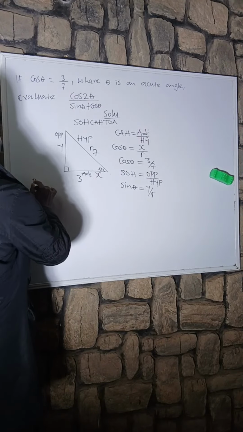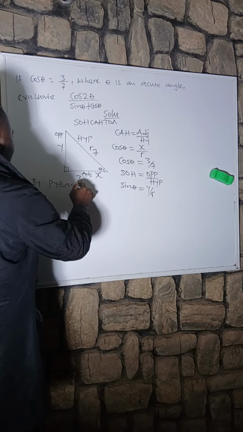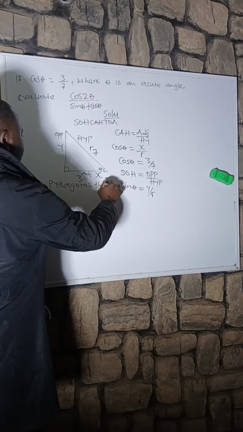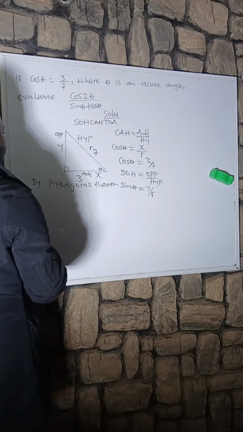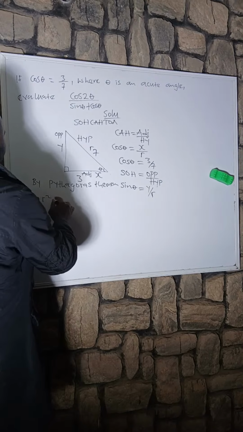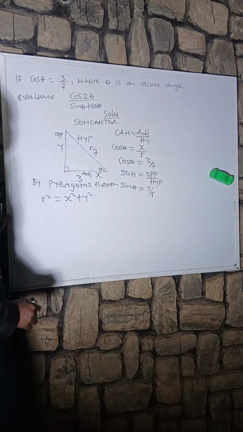By Pythagoras theorem, our r squared is equal to x squared plus y squared, true or false?